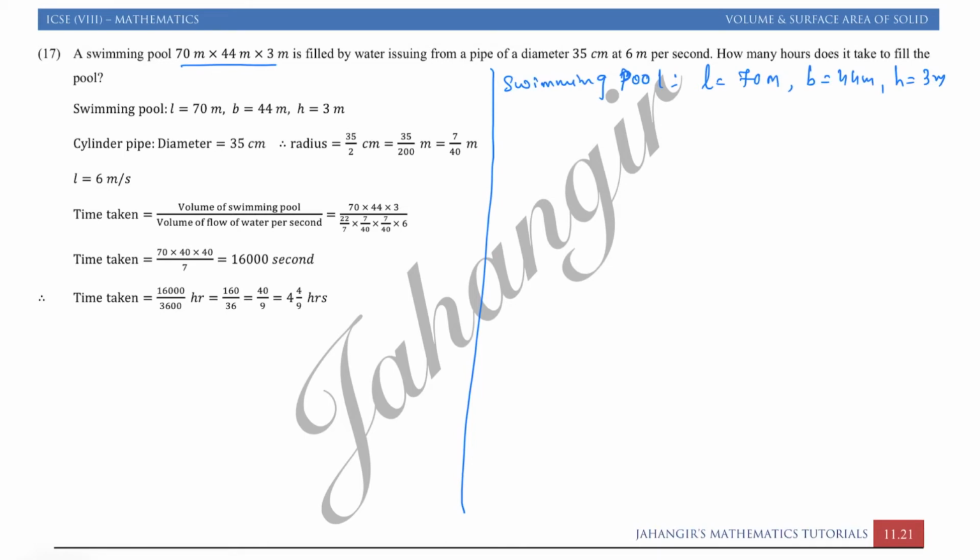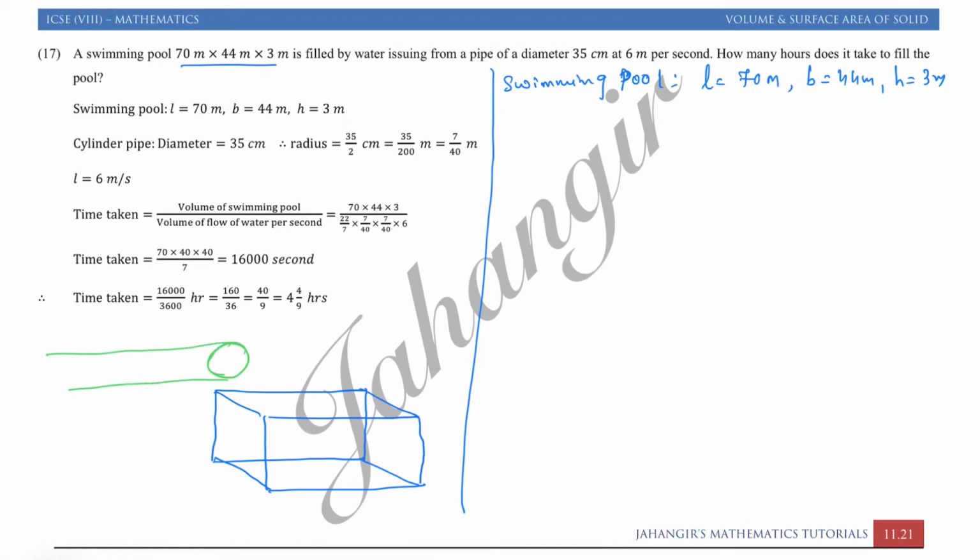Pipe is in the shape of, see, if you consider this as a swimming pool, I will just explain you with a diagram. Let's say this is a swimming pool and we have a tap over it, a cylindrical tap, and somewhere water is coming from them, that part water is issuing from somewhere outside.